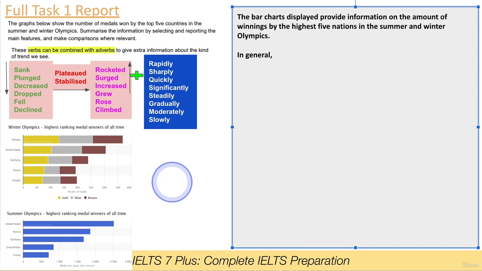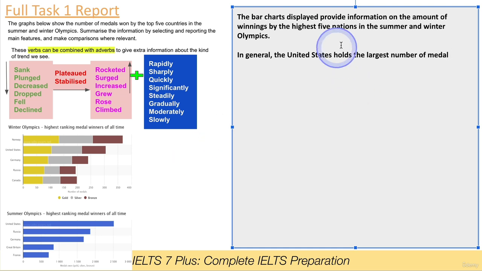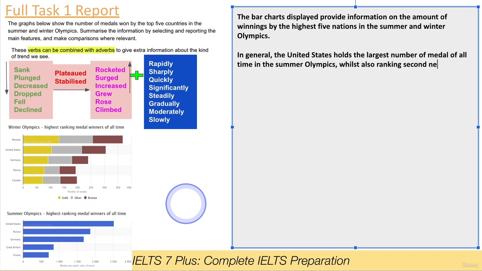So in general, the United States, capitals again, holds the largest number of medals maybe of all time in the Summer Olympics, maybe whilst also ranking second maybe behind Norway in the Winter Olympics.